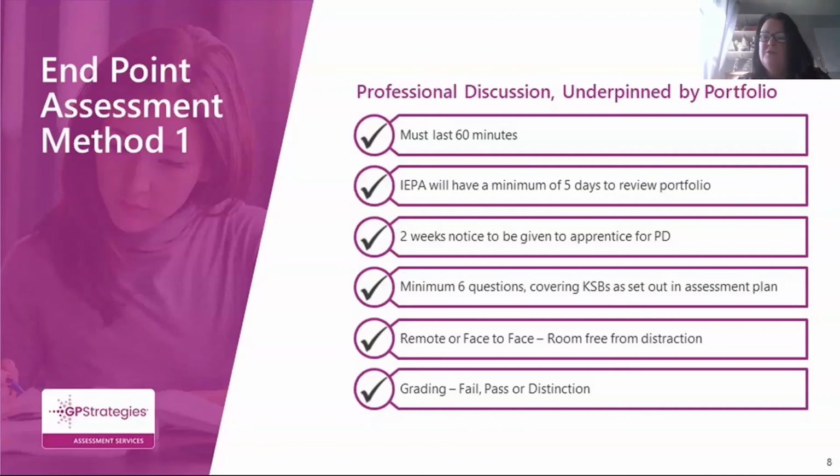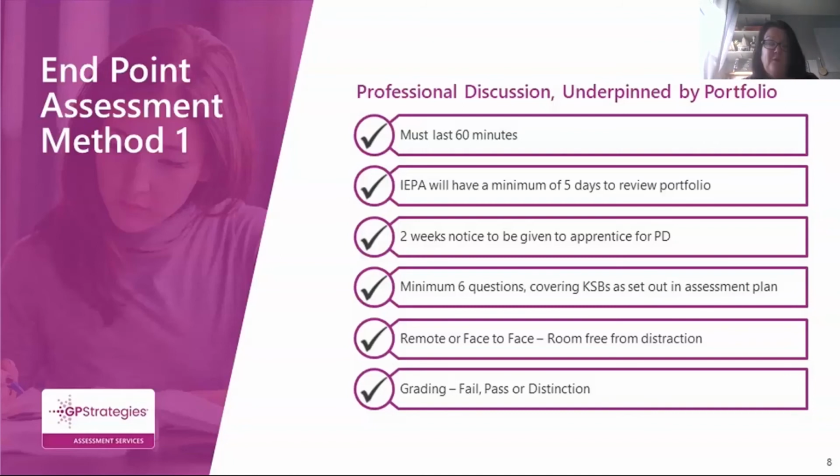There was another question: on the assessment plan, the two sections, planning their project proposal and delivery of their project proposal, are these assessed as part of the EPA only, or does it need to be evidenced within the portfolio? No, they're completely separate, so that's a really good question. The planning of the project proposal and the delivery of their project proposal is the endpoint assessment method 2.